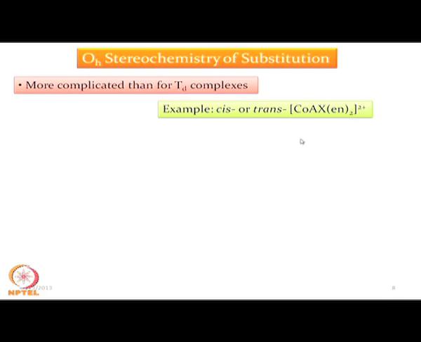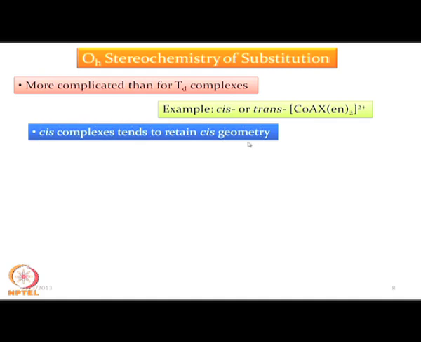And we consider how this substitution varies, that means what type of geometry we can have for the substitution reaction of chloride with say a water molecule or the hydroxide group.